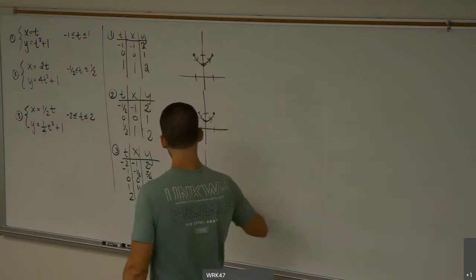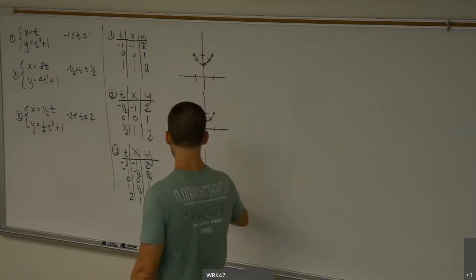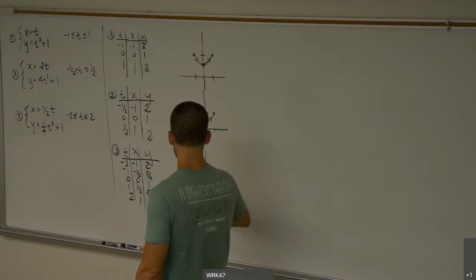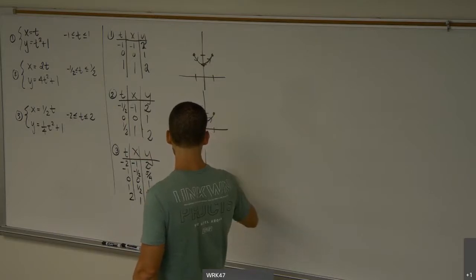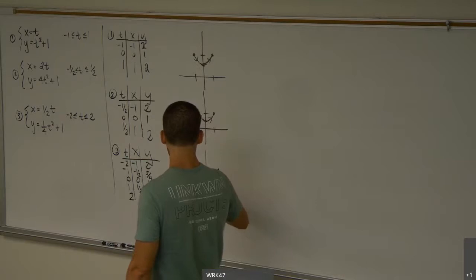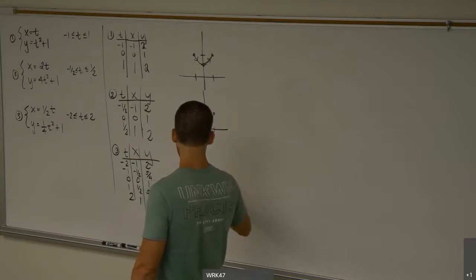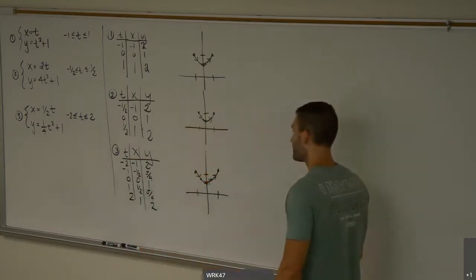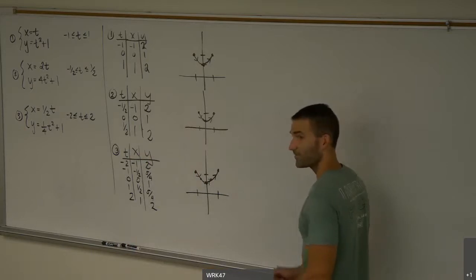And in the last one, we get, again, the same exact parabola piece. -1/2, 5/4, 1/2, 5/4, 1, 2. So again, we get the same exact parabola piece in all three cases.